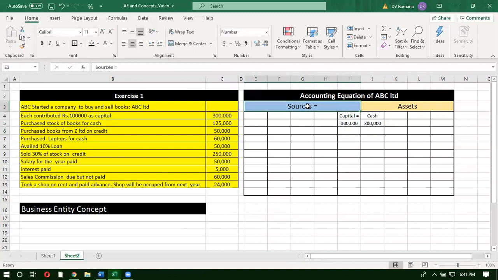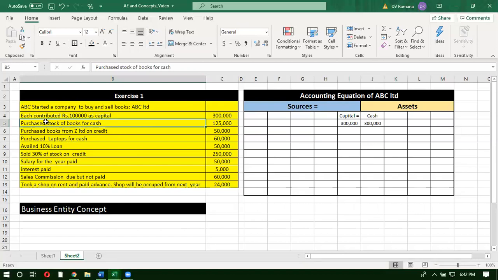So therefore you can see that source is equal to assets, and the asset is cash and capital is the money contributed by the owners, who are the shareholders, and this is the equation of ABC Limited. So this cash now belongs to ABC, does not belong to A, B, and C. And this cash, which is an asset of ABC, is supported by a source, and that source is the capital, which is also called the owner's money.